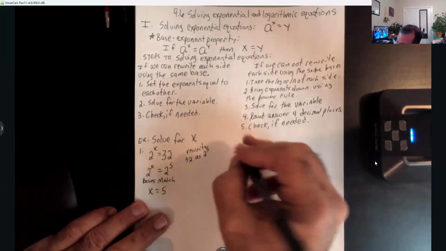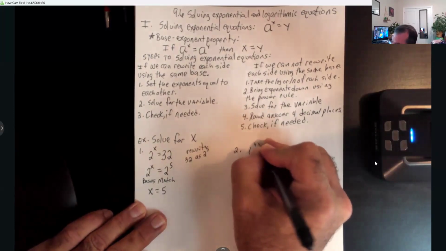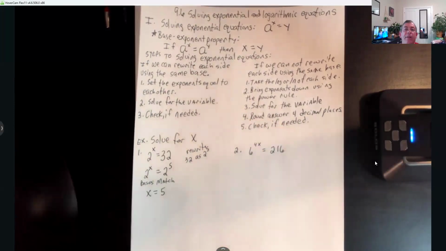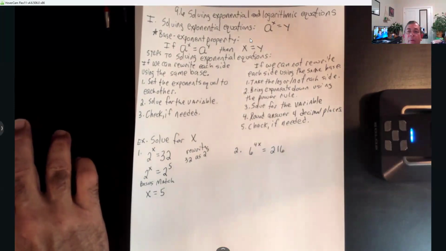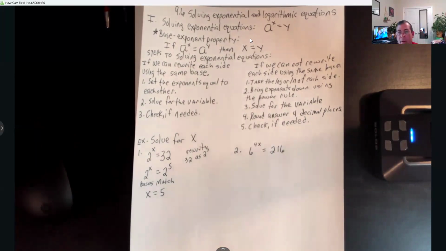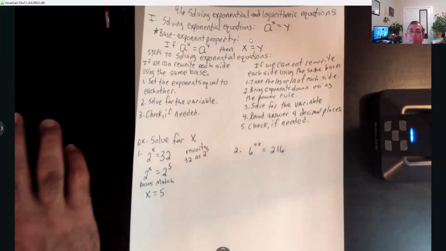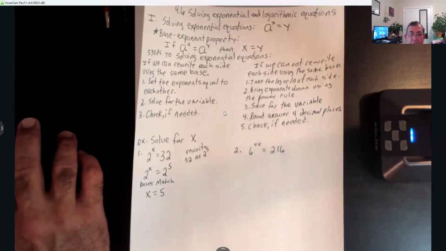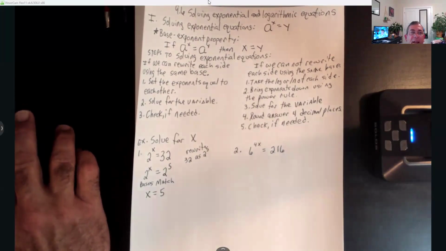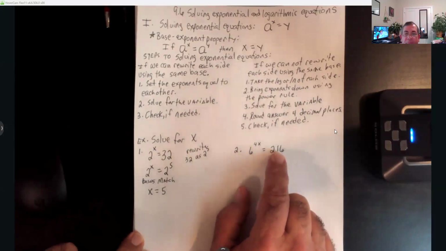For number 2, they got 6 to the 4x equals 216. So y'all, let's ask this: can we rewrite 216 as 6 raised to an exponent?